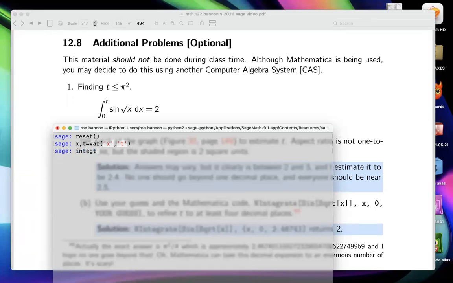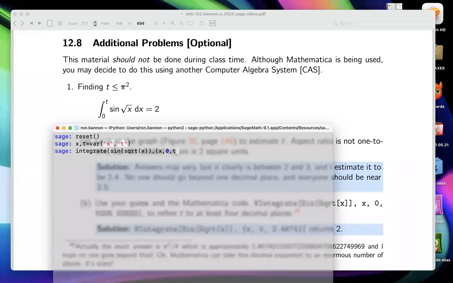Integrate. You're going to make mistakes, though, by the way. I really mean that. And what am I going to try to integrate? Sine of the square root of x, dx, and I'm going to start with 0 and go up to t.